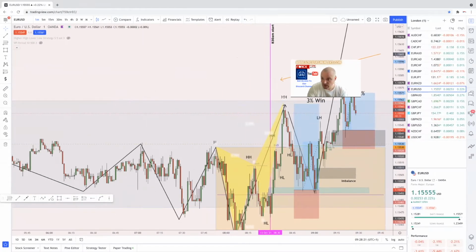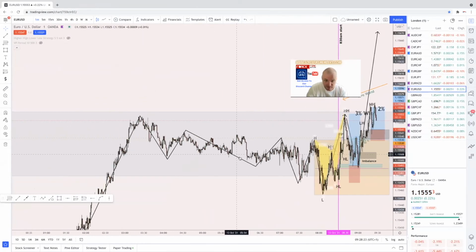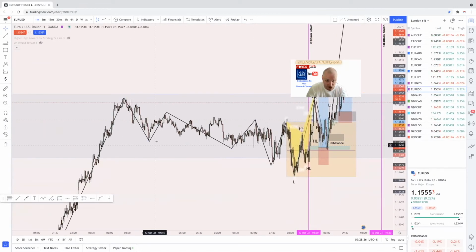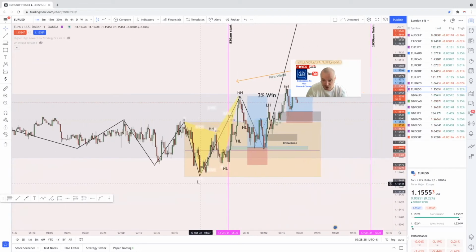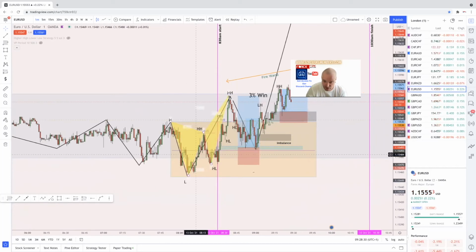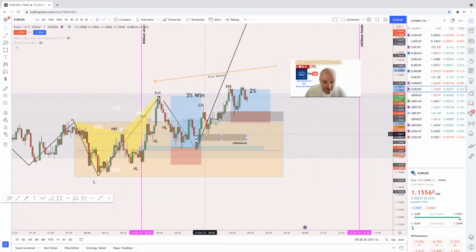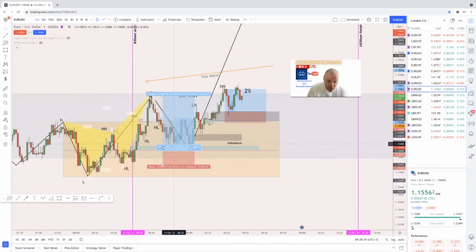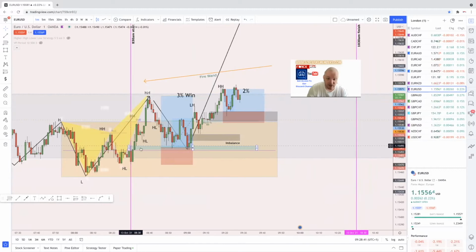Because we know overall, when we build this structure here, we know price is going to come back into a range on a higher time frame to respect those areas. And two, we have that intermediary price, which again will be respected. In this instance, it was the imbalance.